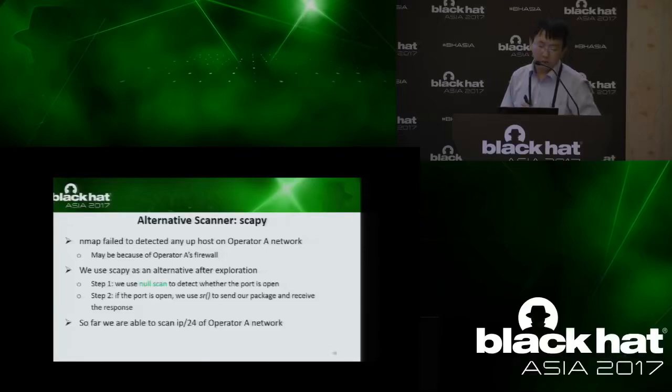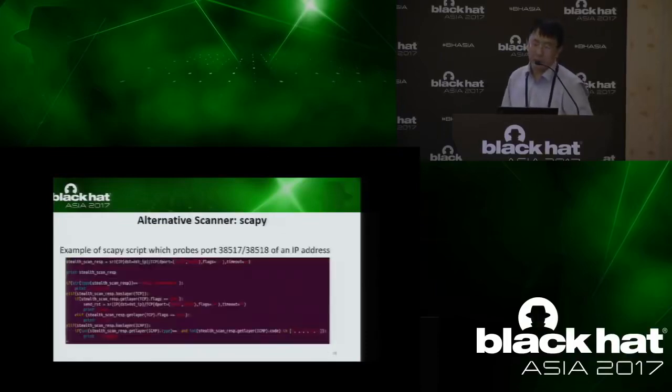So far we have been able to scan this subnet of operator A. Here is some code we used to do the scanning with Scapy. You can see the ARP scan I just mentioned, and here's another scan where we send a payload to the IP address.